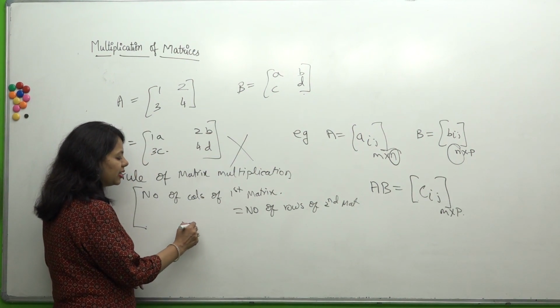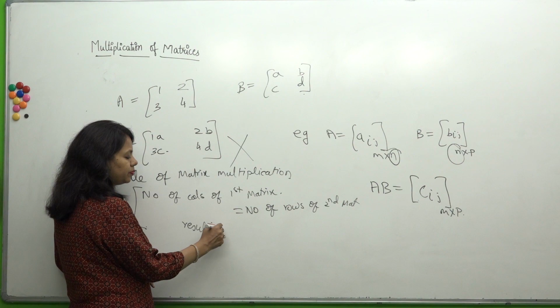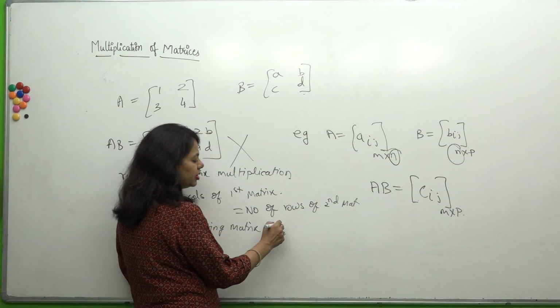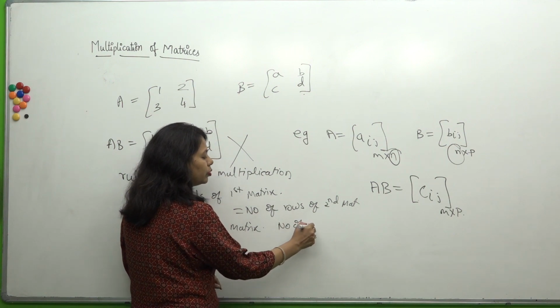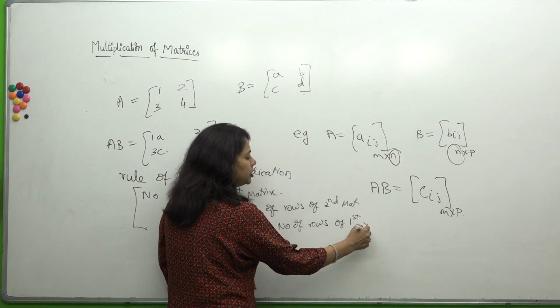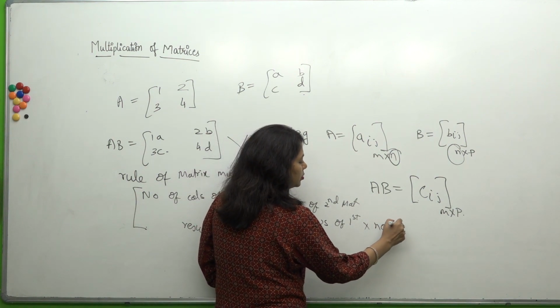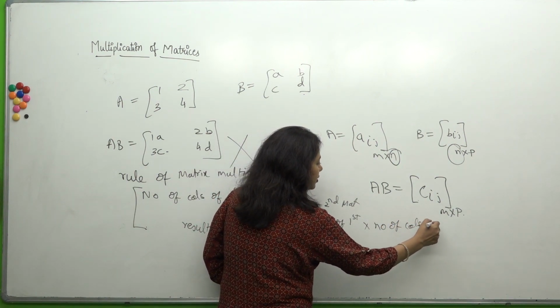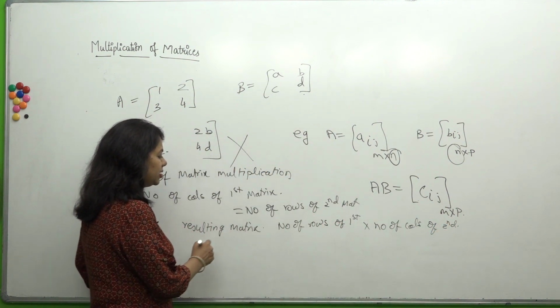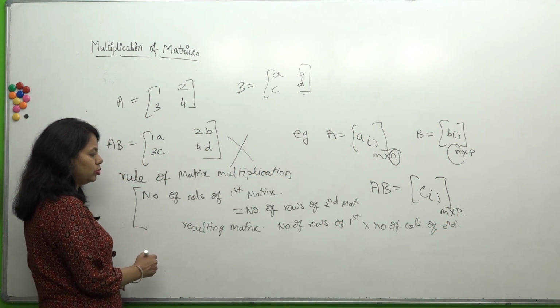So the resulting matrix for matrix multiplication is what? Number of rows of first into number of columns of second. That gives me the resulting matrix. So please do remember these two rules over here.